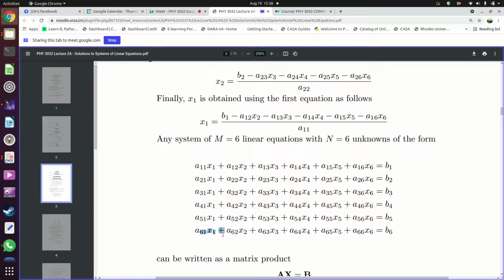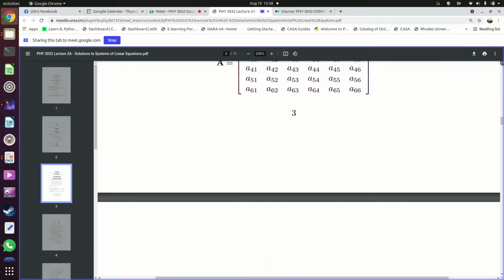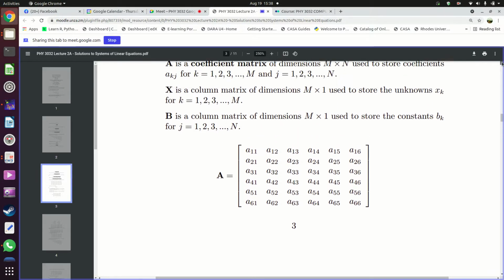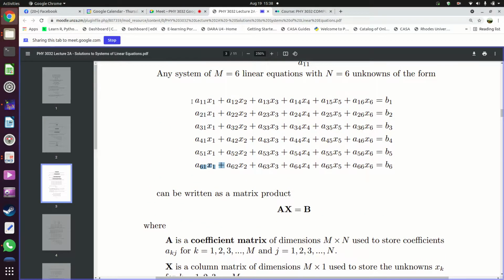Now, when you do this, it's possible for you to rewrite all this information in a much more compact way. You can move from this form to this one, where you write your system of linear equations as a matrix product: matrix A multiplied by X equals B.